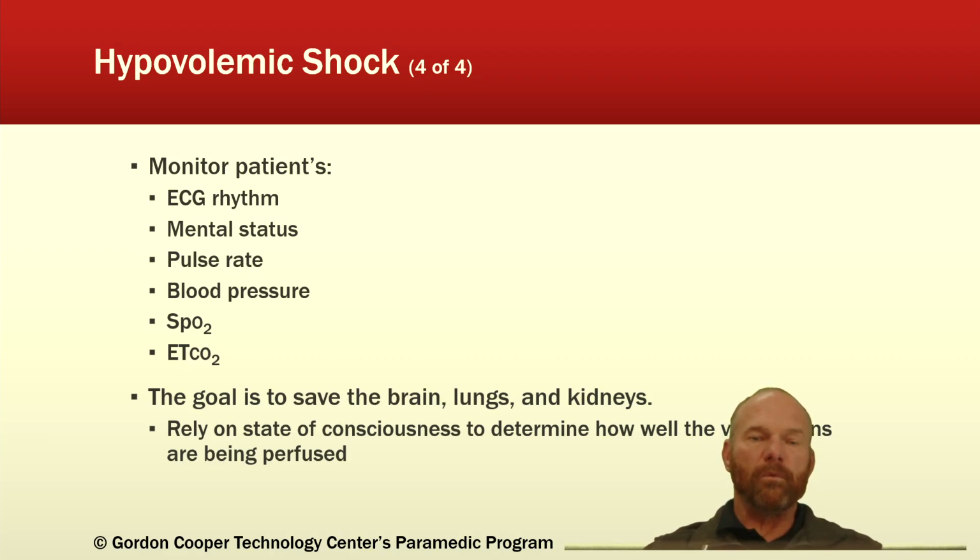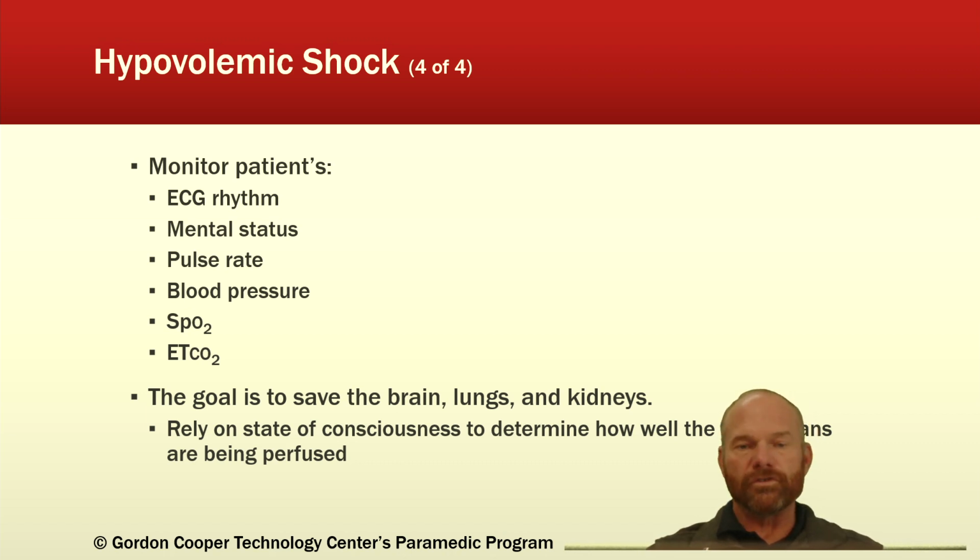So the one thing we want to make sure that we do is don't wait for the blood pressure to fall before suspecting shock and then initiating treatment, and that's going to be for all shocks. The goals of this shock treatment, the main objective in treating shock is to protect and save the brain, lungs, and kidneys. So there's some indicators of organ perfusion. Within the brain, it's best indicated by their state of consciousness.